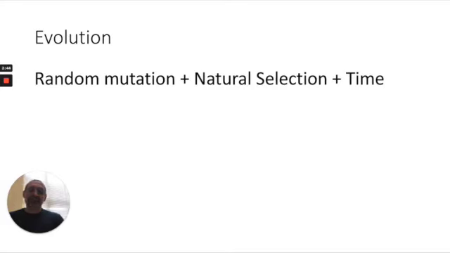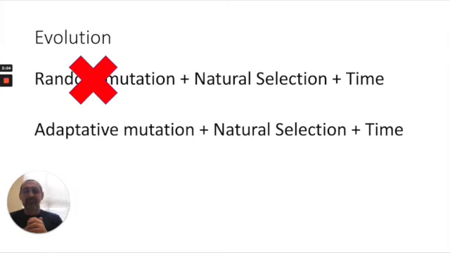But there's a lot of difficult things to explain that way. So perhaps a better explanation would be, rather than random mutation, think of it as adaptive mutations plus natural selection plus time. So what's the difference? Well, randomness can't be tested scientifically, but whenever living things are put under pressure to survive, they adapt.